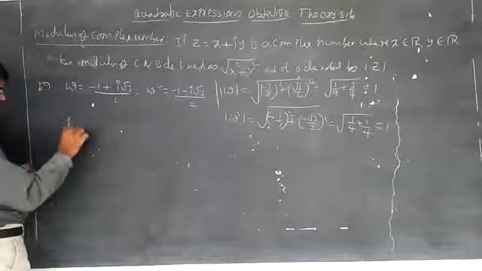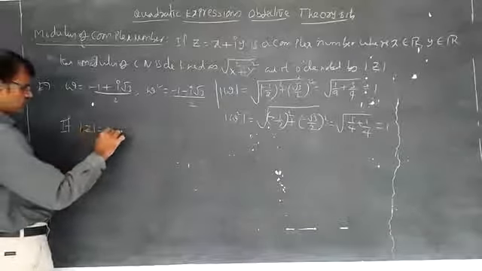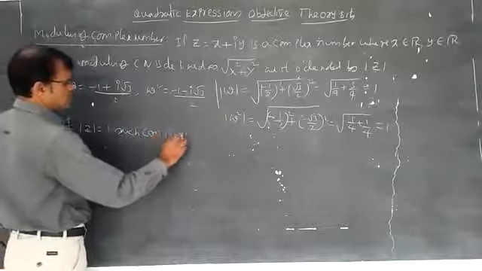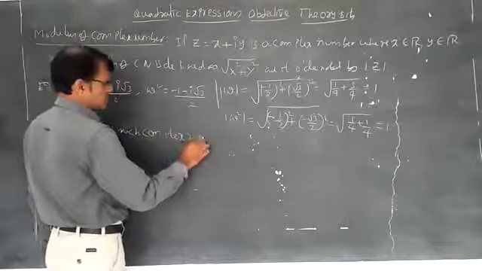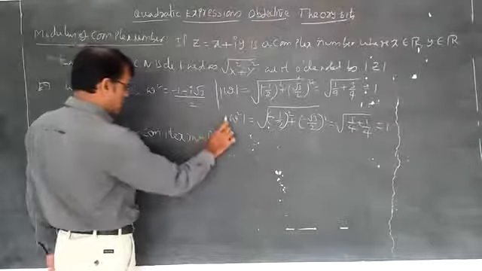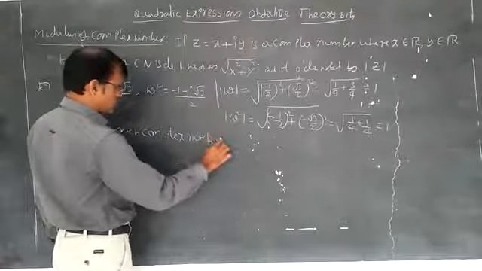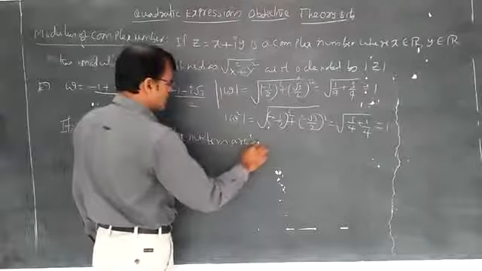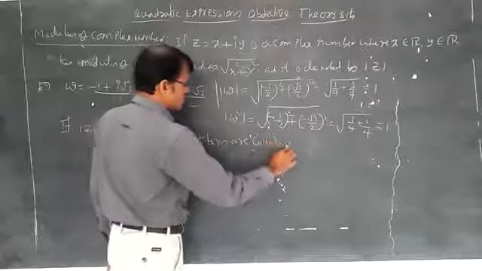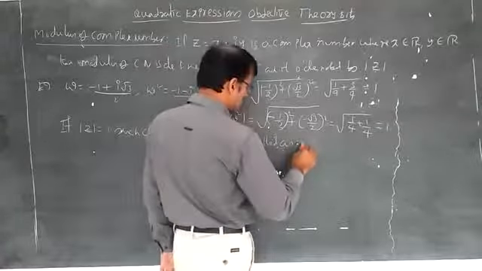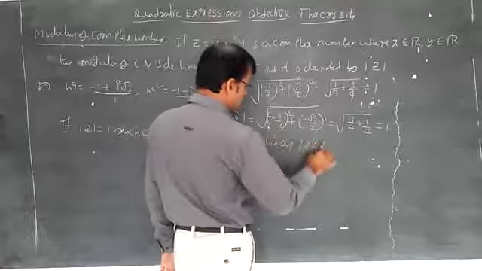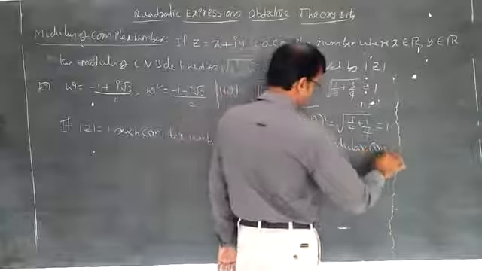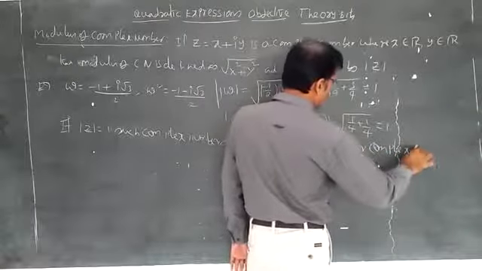If mod z is equal to 1, such complex numbers are called unimodular complex numbers.